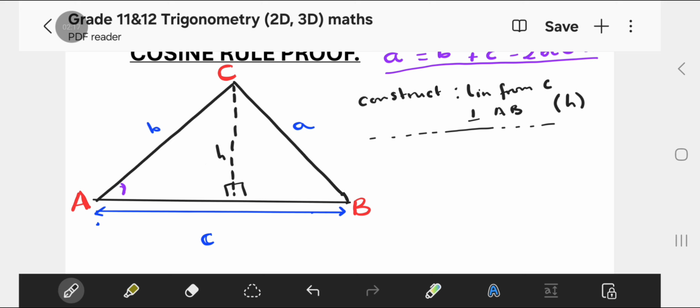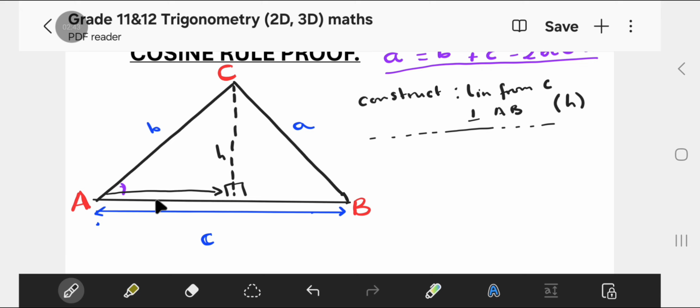So this is our H, our perpendicular height, right? So now how do we prove now? So it means that we are going to prove in these two triangles that we constructed, this triangle and this triangle, right? So now, since this line AB is equivalent to C, let's introduce a variable from this point to this point.